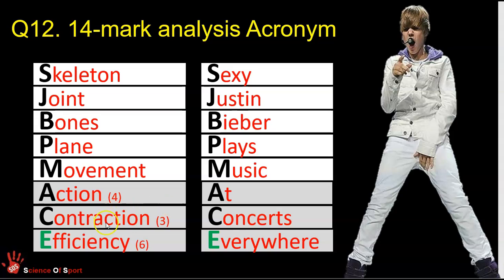'Concerts' is a prompt for the type of muscle contraction, and there are 3 possible types: concentric, eccentric, isometric. And 'everywhere' refers to movement efficiency, the overall movement and how we may lose or waste energy or risk injury. And there are 6 different factors to relate possibly to that part of the question.